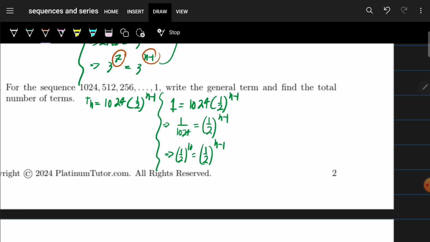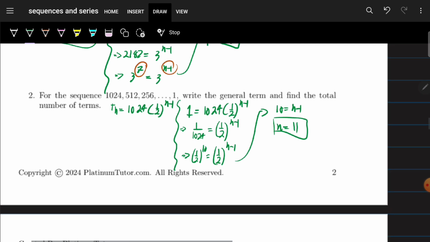Again, if the bases are equal, the exponents here also have to be equal in order for the right hand side and left hand side to be equal to one another. So we get that n minus 1, or sorry, 10 is equal to n minus 1, meaning n equals 11, and we have 11 terms.